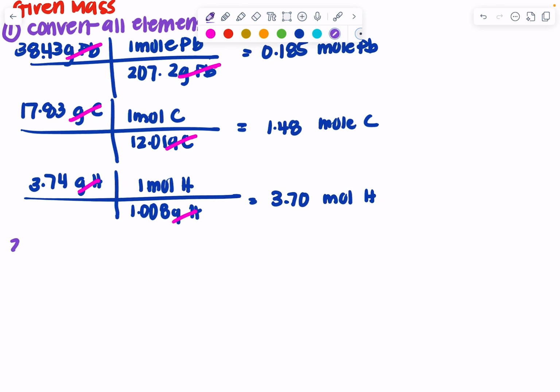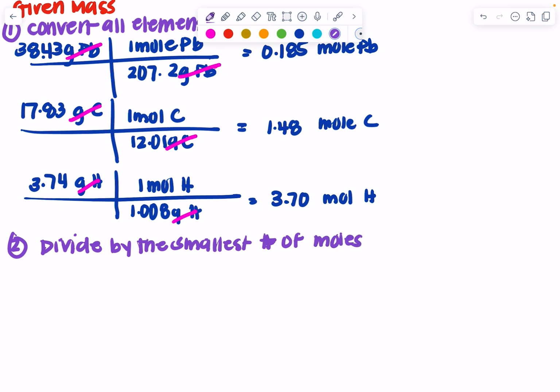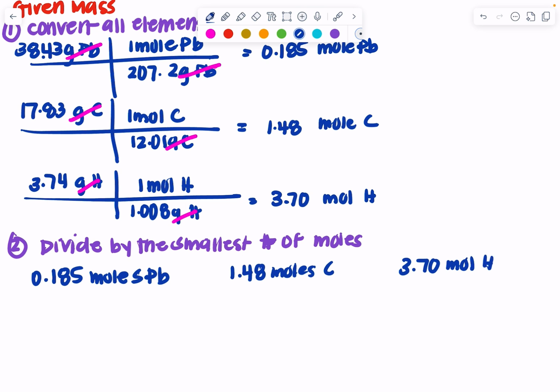Our second step is to divide by the smallest number of moles. Okay? So we have 0.185 moles of Pb, 1.48 moles of carbon, and 3.70 moles of hydrogen.